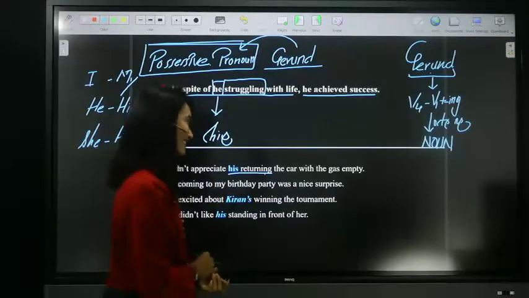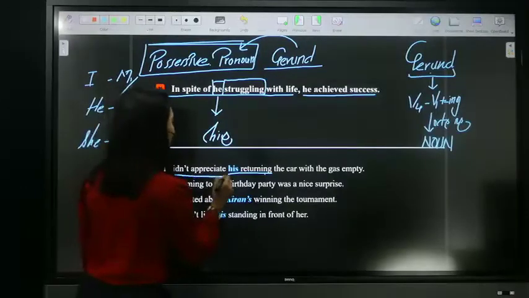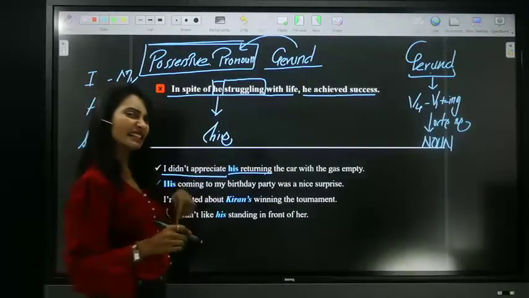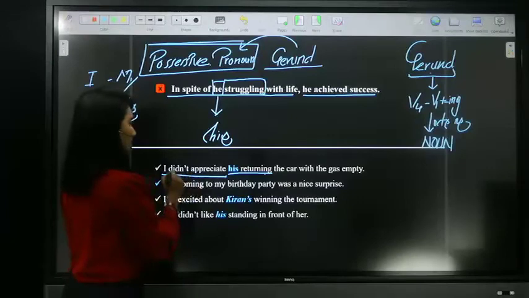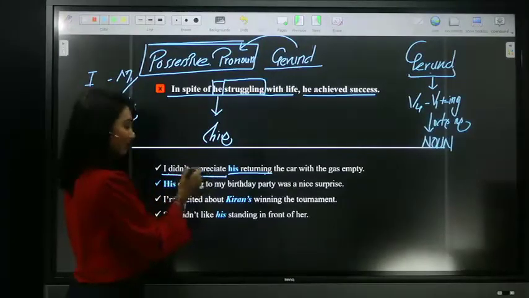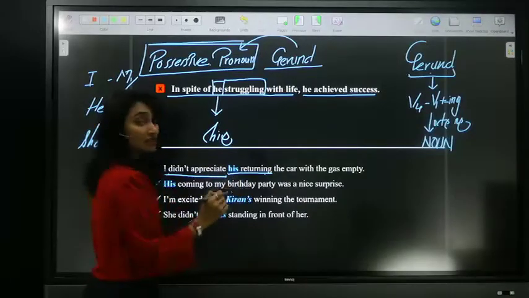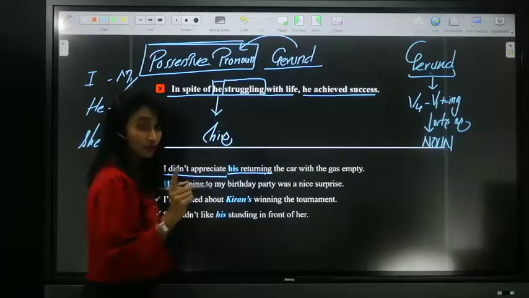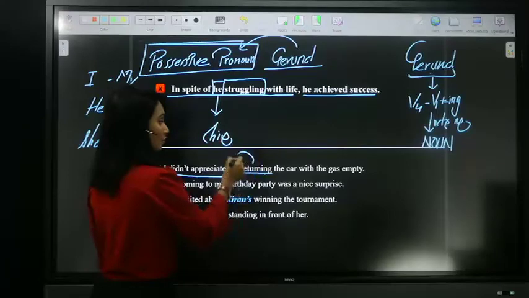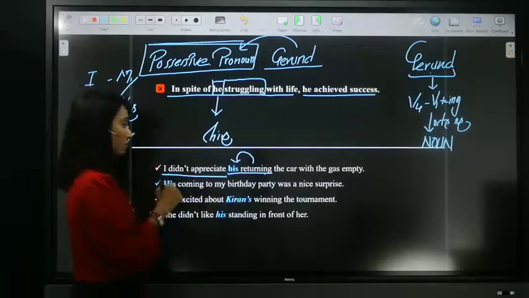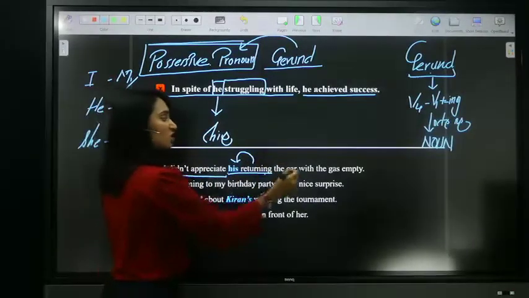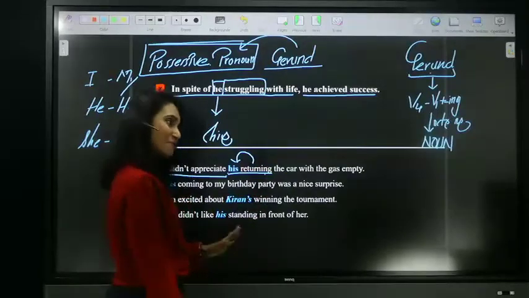That is the sense here. So I didn't appreciate his returning. Here the verb is did plus V1, didn't appreciate. Returning is not a verb, returning is a gerund. So what precedes it should be possessive. I didn't appreciate his returning the car with the gas empty.